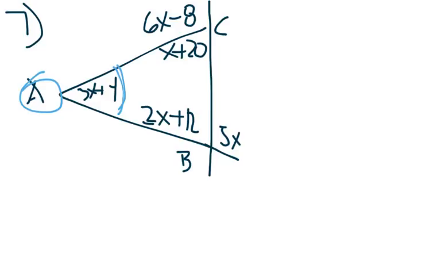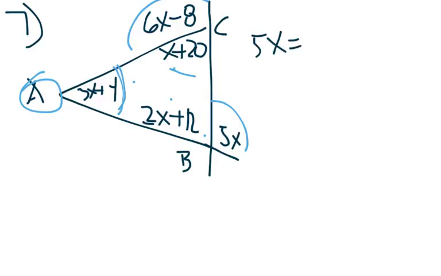We can use either the interior angle theorem, add all of these up and make it equal to 180, or we can use the exterior angle theorem and make 6x minus 8 equal to 3x plus 4 plus 2x plus 12, or we can say 5x equals x plus 20 plus 3x plus 4. It doesn't matter, you're going to come out with the same answer anyways. So let's just do that last one just for kicks.